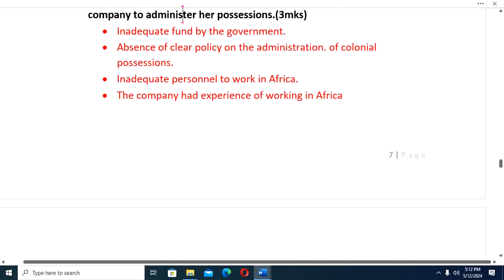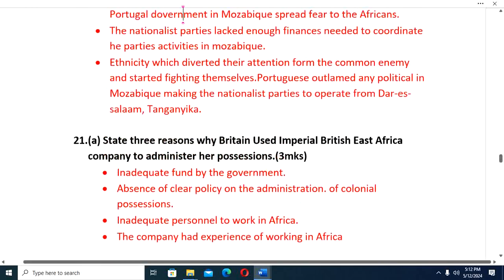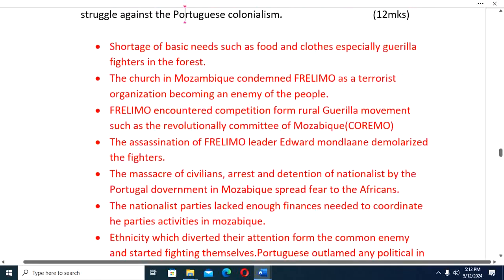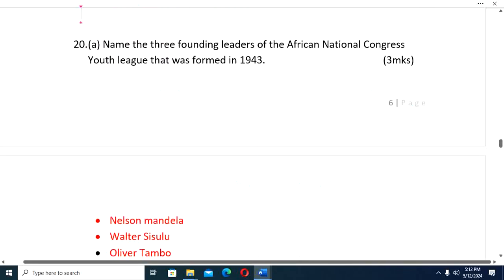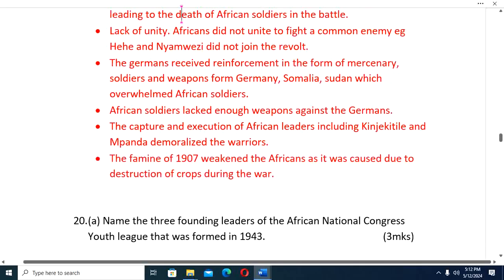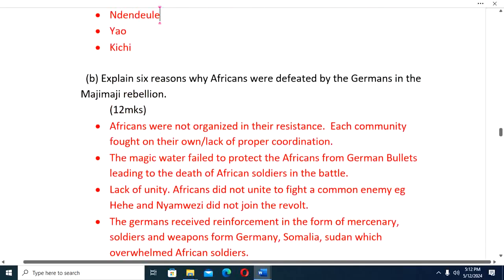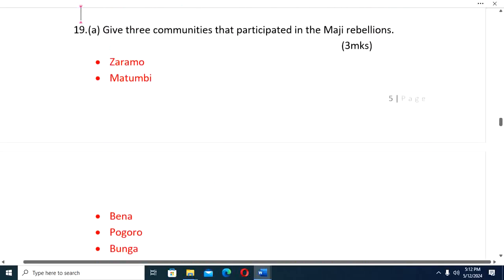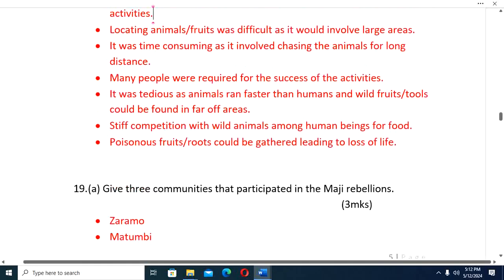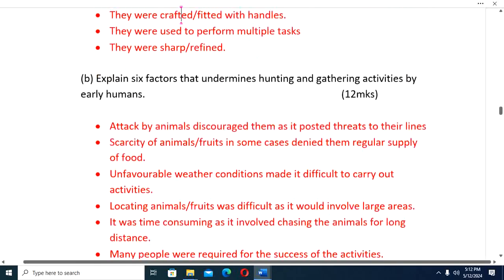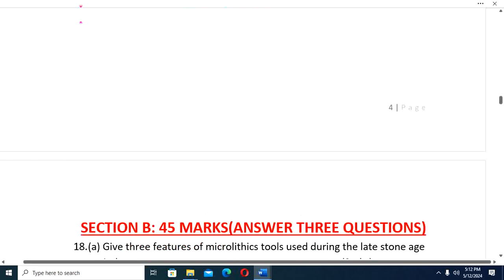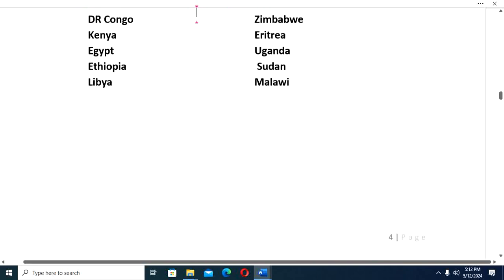Also the achievements are almost similar. So what you need to do is master one of them and read through to see whether what I'm saying is true, so that when you get a question on one of them, you can easily answer and get the answers correct.